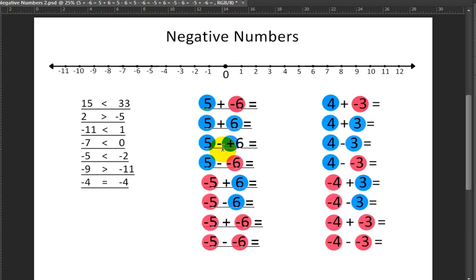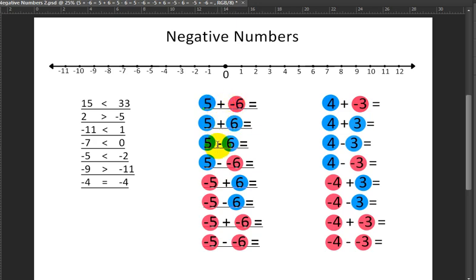It is, in fact, a positive number, despite the fact that it has a minus here. You can think about it like this. The first sign in each operation shows us the operation that we're doing. So the plus shows us that we're doing addition.